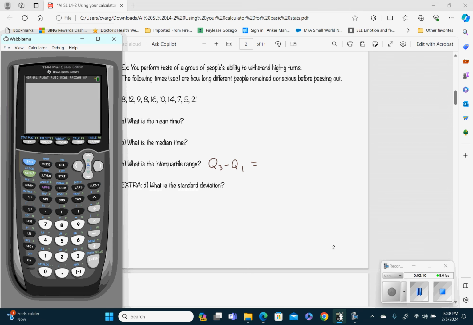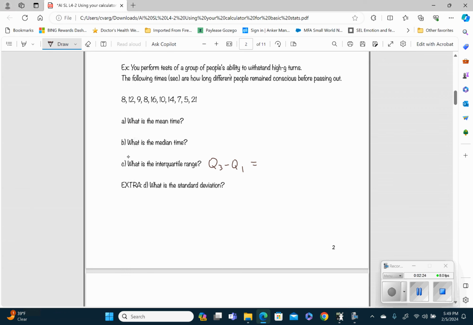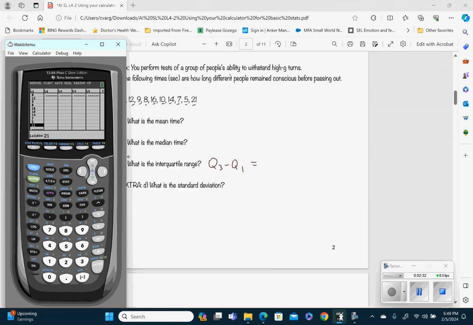We go to our calculator, hit stat, go to edit, and plug the numbers in. After we plug the numbers in, make sure that you have the same amount. So here, this is L1 with 10 numbers: 1, 2, 3, 4, 5, 6, 7, 8, 9, 10, right? You just want to make sure that you typed it in correctly.